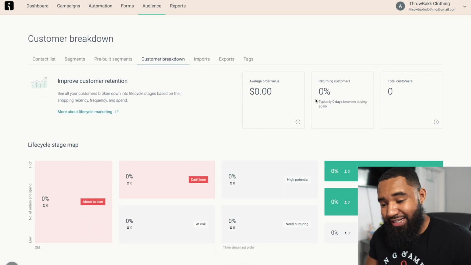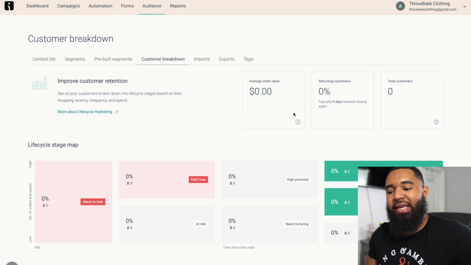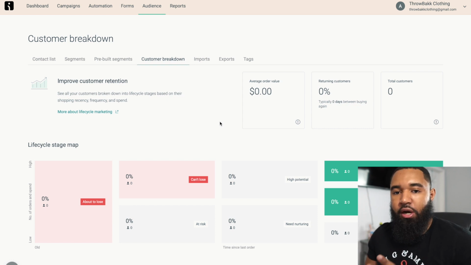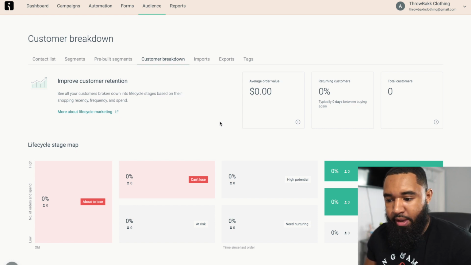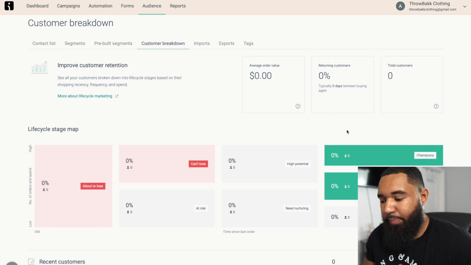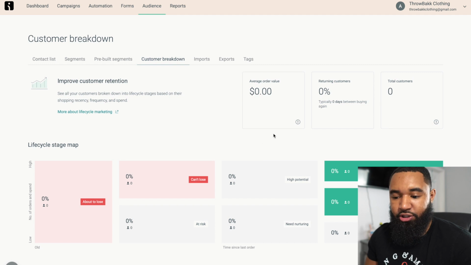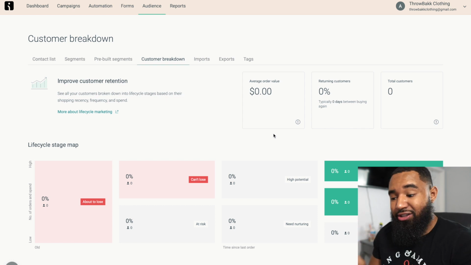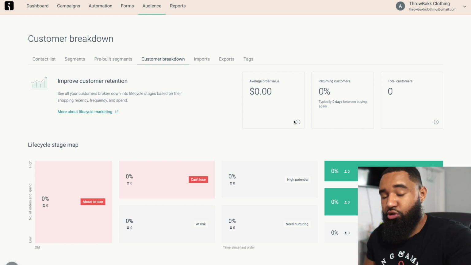The level of detail and knowing exactly who your customer is and where they are in the life cycle of your business is very important and definitely can generate a lot of revenue. So having something like this already pre-built into your email marketing platform is really priceless. People spend thousands, if not tens of thousands of dollars to get this information, and Omnisend gives it to you. So I think this part is like, if you don't get it for nothing else, this level of detail is super dope.